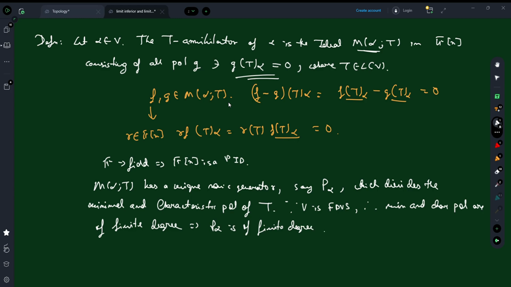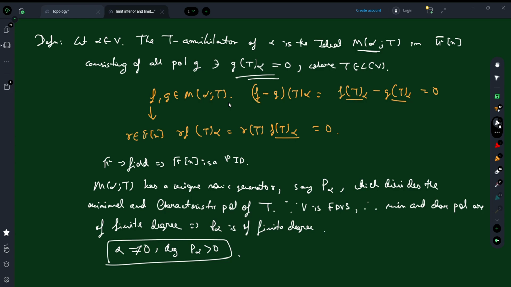Is it clear? Further, if alpha is not equal to 0, then the degree of p_alpha is greater than 0. It's obvious.